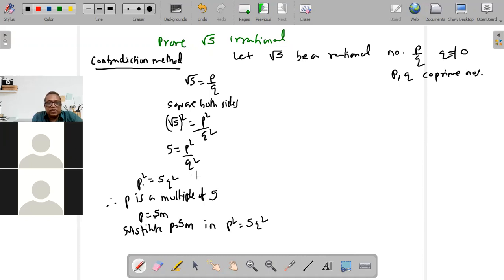For example, if the square is 25, its square root 5 is also a multiple of 5, right? If the square of a number is a multiple of 5, then the number itself will be a multiple of 5.